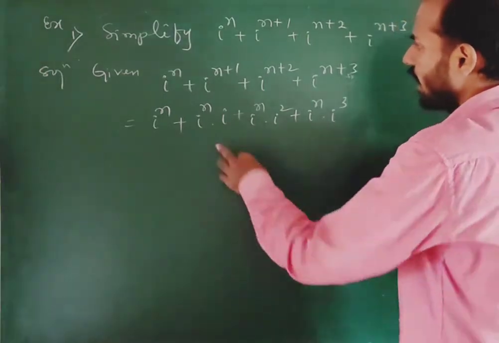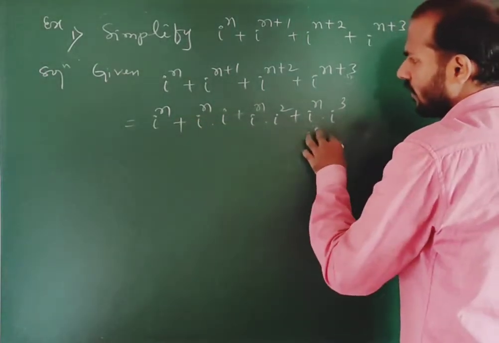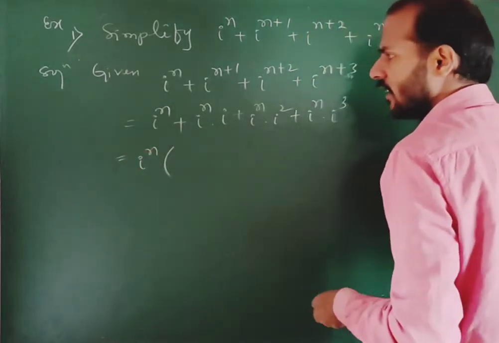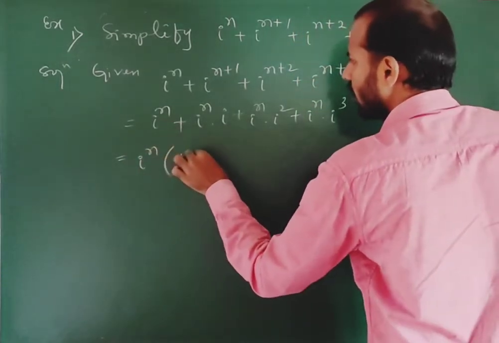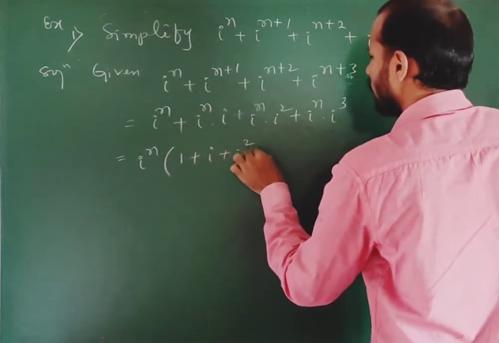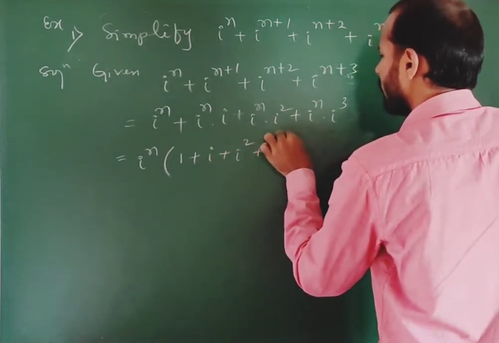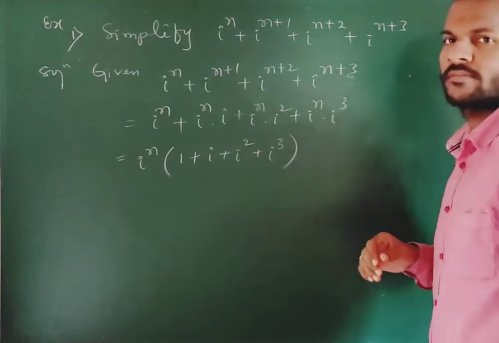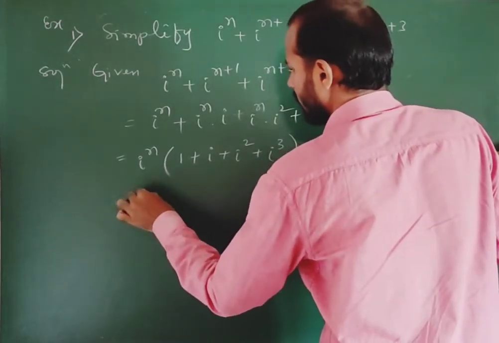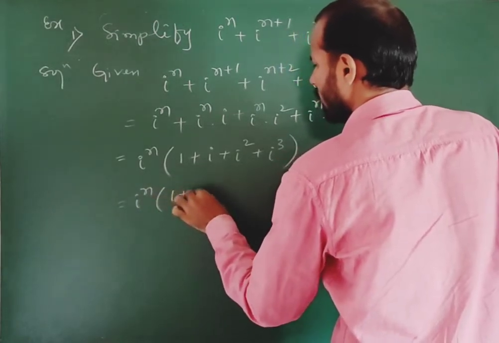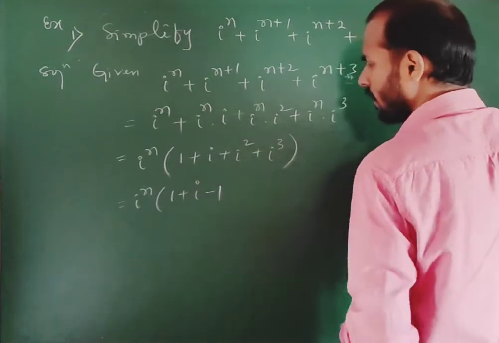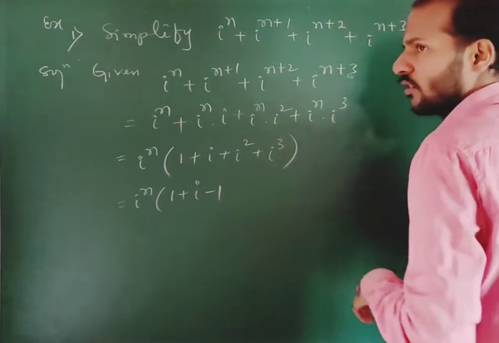Now here take i to the power of n as common everywhere, right? Take i to the power of n outside. What we get inside? 1 plus i square plus i cube, right? i to the power of n as it is, 1 plus i also as it is. i square value is minus 1, plus i cube value is what?